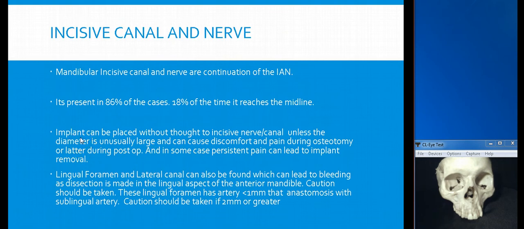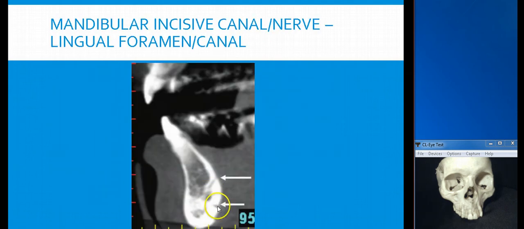The recommendation is that the implant can be placed without worrying about the incisive canal. So in these cases, we really don't worry about it. Even if it is present, you can actually go through it, unless the diameter is large. The reason I'm saying this is, let's go back to that picture. I'm sorry, right here. There's a 2 millimeter number in my head.